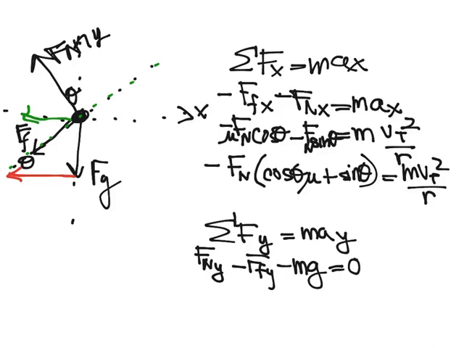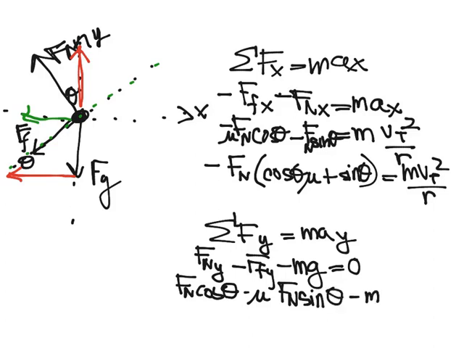Okay, so we have Fn cosine theta. Okay, I'm going to draw this. So the y component of Fn is cosine theta because it's right next to the angle, minus mu times Fn, and that's going to be sine theta, minus mg equals 0.